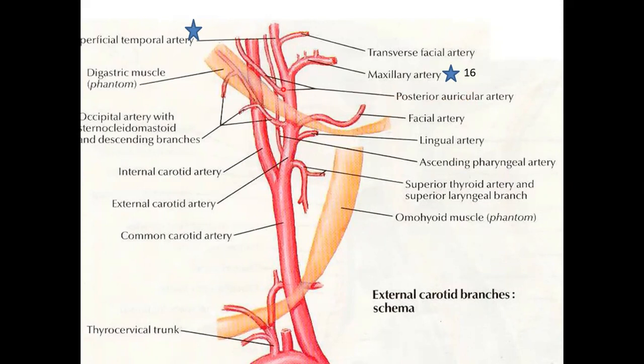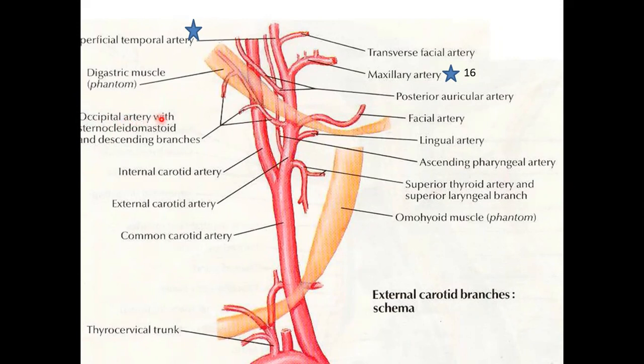And then let's see, you have your maxillary artery, and then there's your superficial temporal artery. I feel like there's another one. There it is, occipital. I thought there was an occipital artery. So you can see occipital artery here. And remember, occipital is that back portion of the skull.